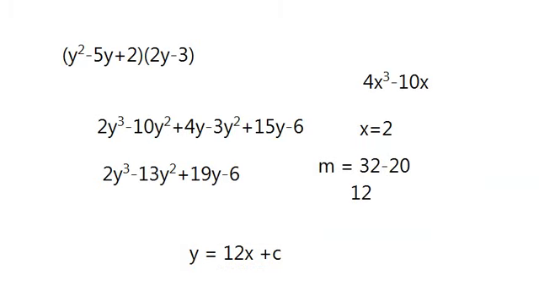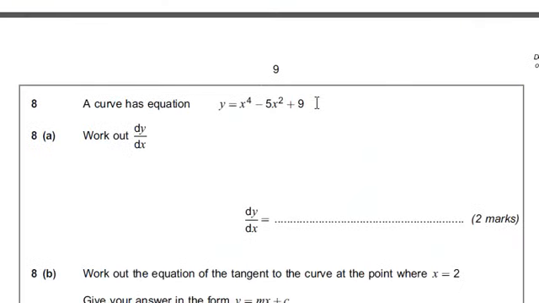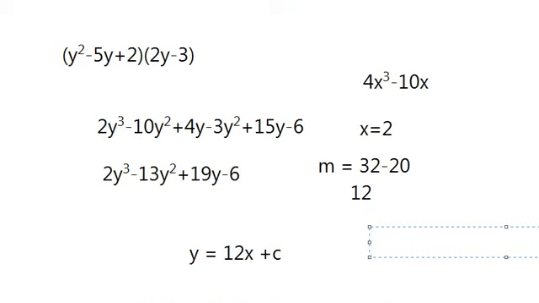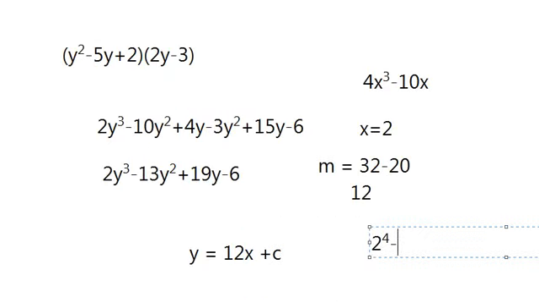We don't know c. What do we do then? We don't have a point, we just know that x equals 2. But look back at the curve equation, we can find the y value by inserting the x into it. So that would be 2 to the power of 4 minus 5 times 2 to the power of 2 plus 9.